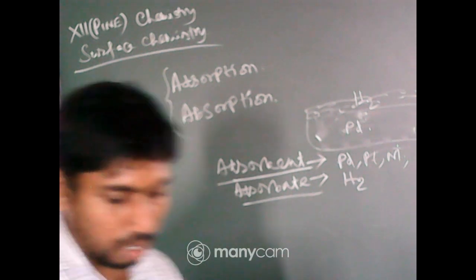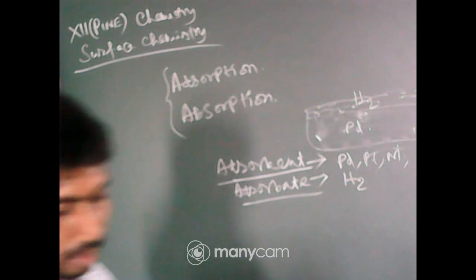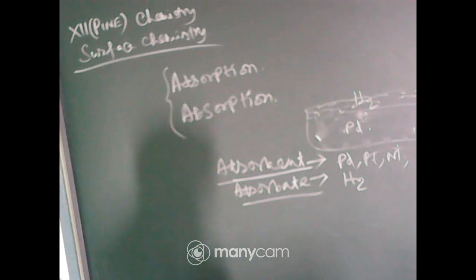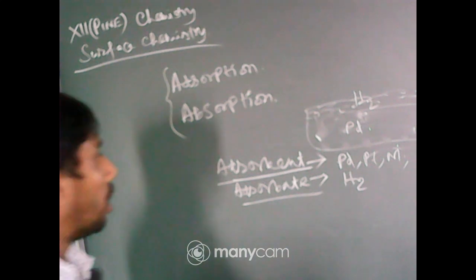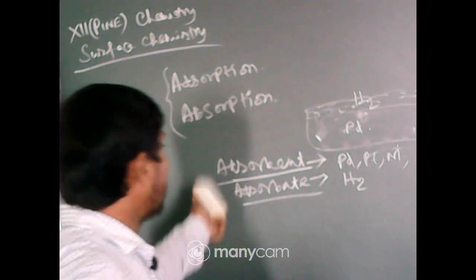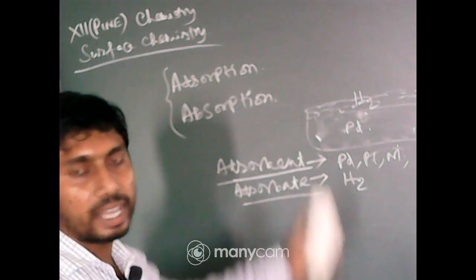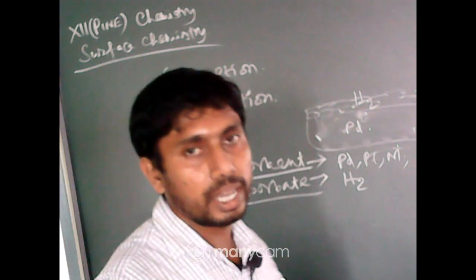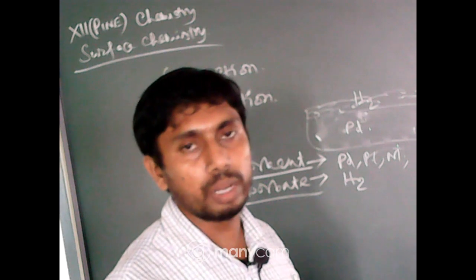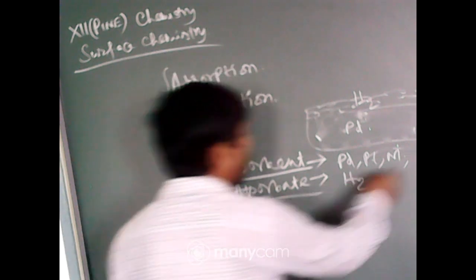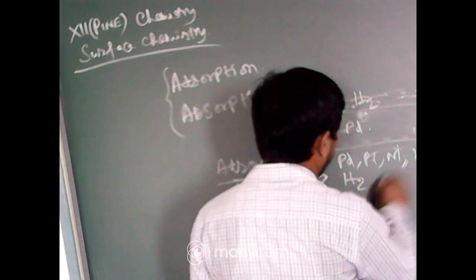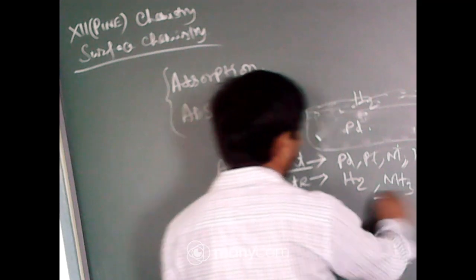Now, a number of gases like ammonia, phosgene, etc., can be used as an adsorbate. If we take the example of dissolving ammonia in H2O, then H2O will be the adsorbent and NH3 will be the adsorbate.